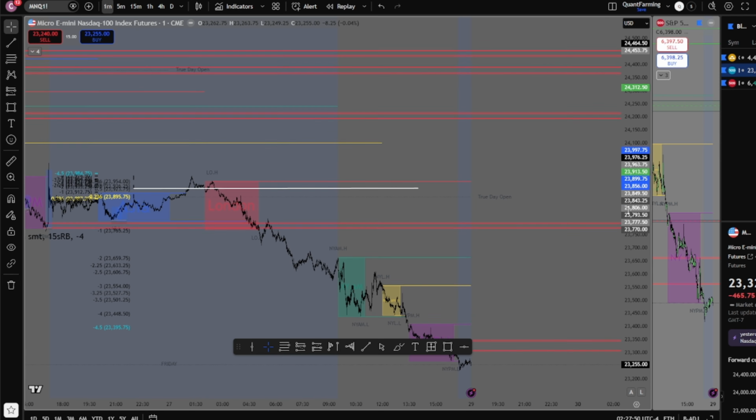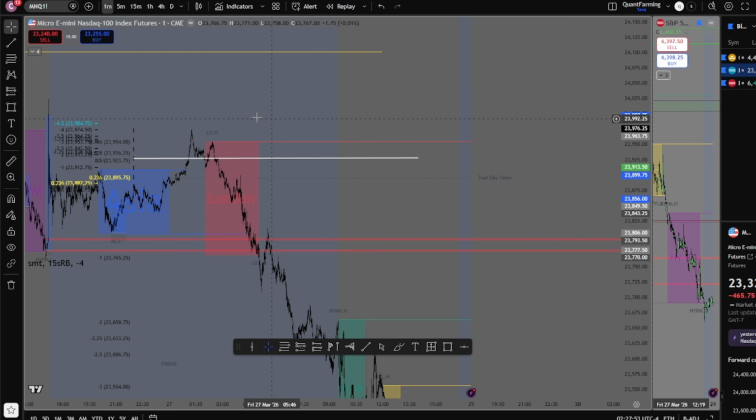This is considered midnight open, or where 00 of the day is. As you can see, if you hover over it on TradingView, it says 00 there at the bottom. So that is midnight open, the true day open. True day open is an extremely, I cannot stress this enough, powerful magnet in price.